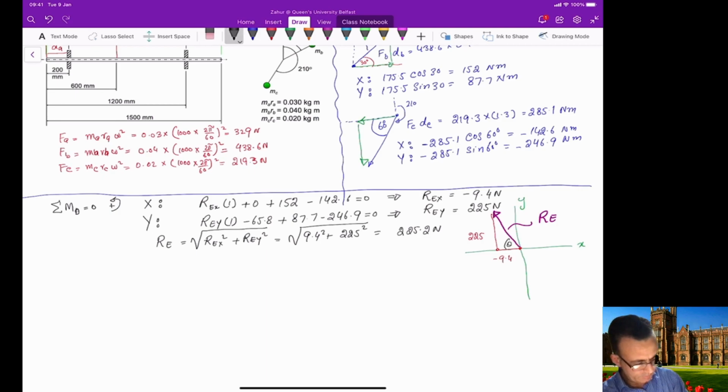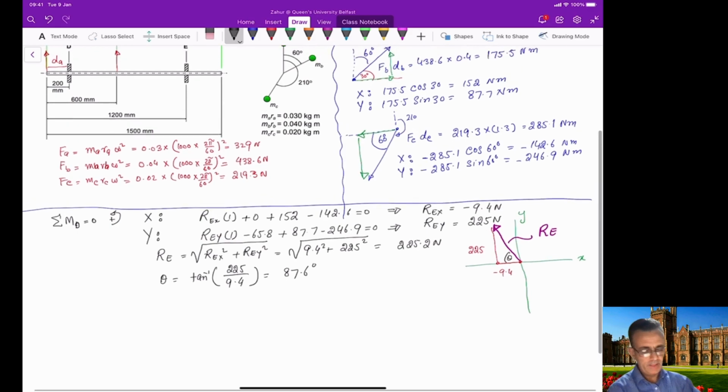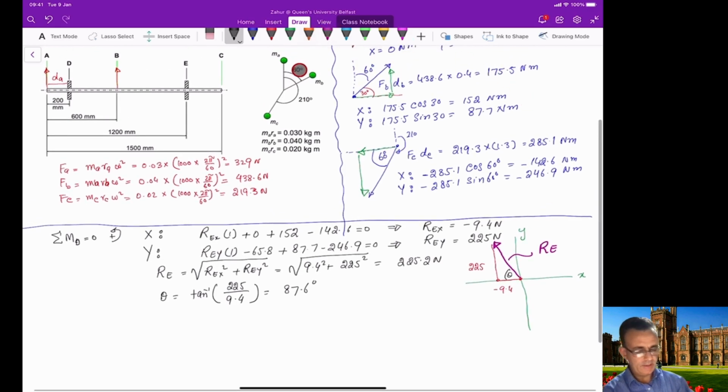You can calculate this angle here. Angle theta will be equal to tangent inverse of 225 divided by 9.4, and this will be 87.6 degrees. But as you can see in this figure, we are taking all the angles from the vertical in this direction here.